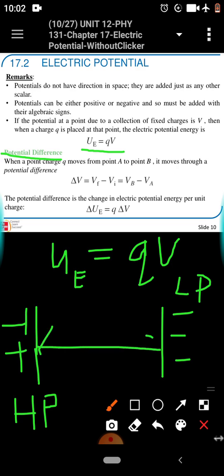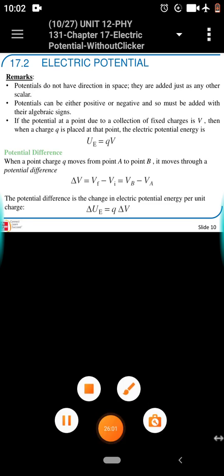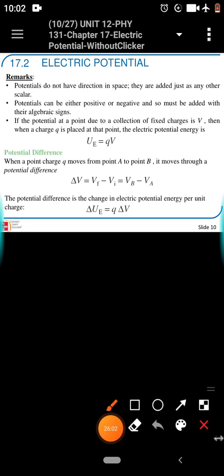So when you talk of potential difference, this is what we were talking about, the difference. This is the formula: the final potential minus the initial potential.